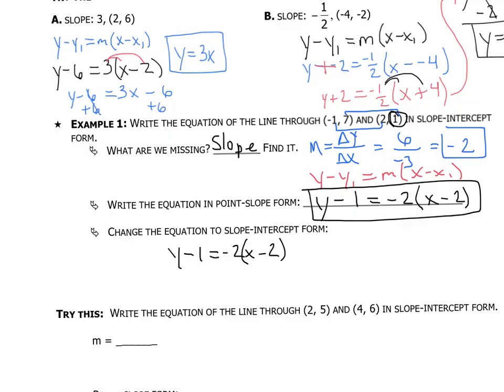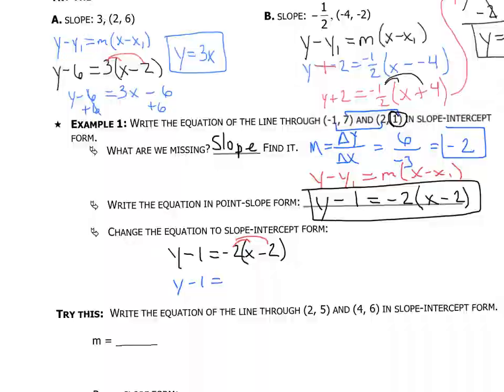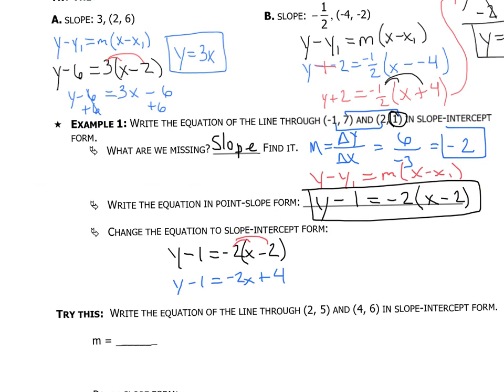So we need to distribute. I have y minus 1 equals negative 2x plus 4. That's distributing the negative 2 to both of them. And then finally, last step, I'm solving for y, so I'm going to add 1. It cancels. So I get y equals negative 2x plus 5.